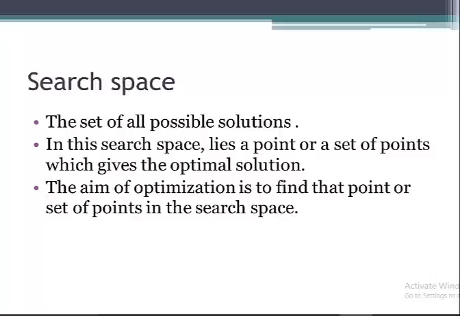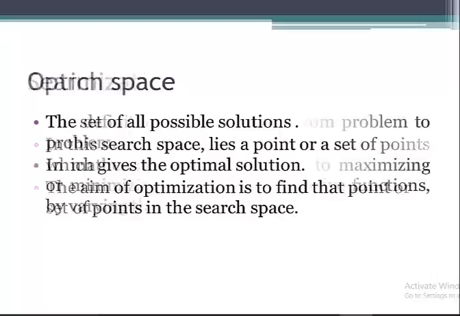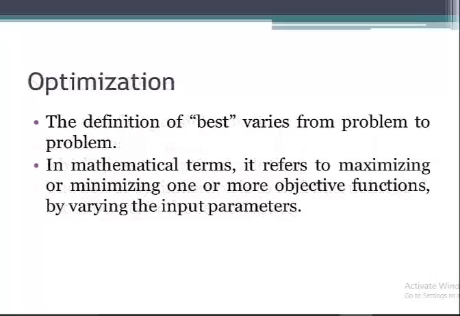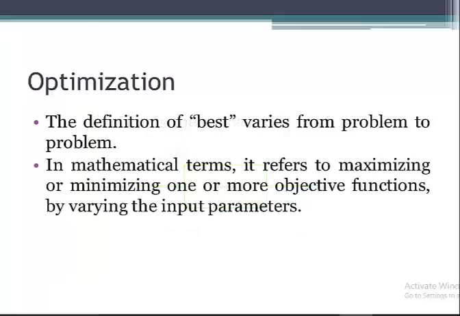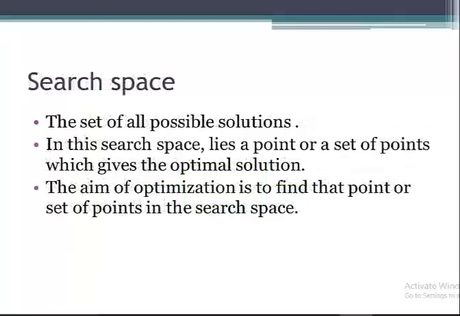So in the previous case, let me go back. In this situation, there can be thousands of inputs. All this set of possible inputs that can be given makes up our search space, and from this search space we have to find the actual solution.